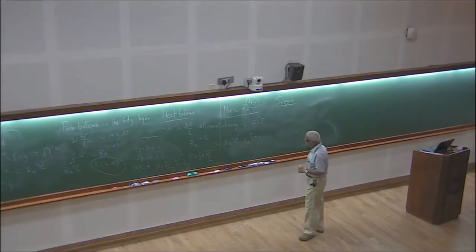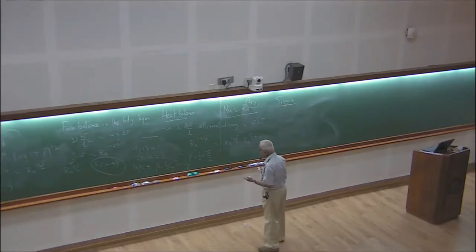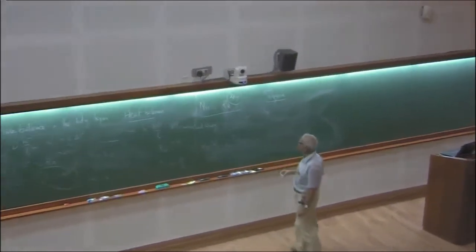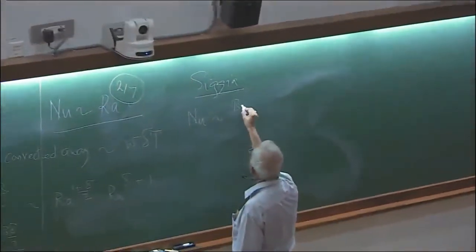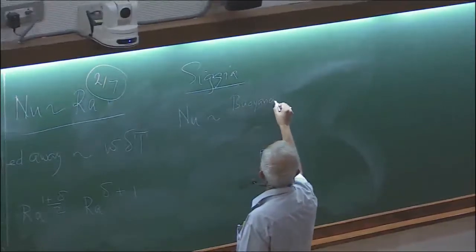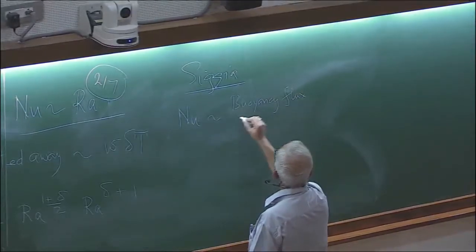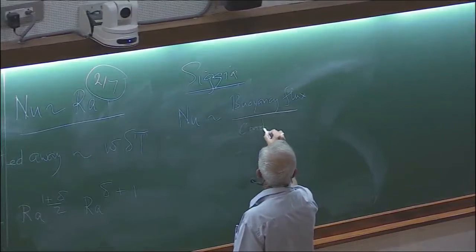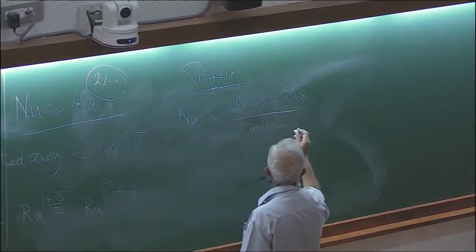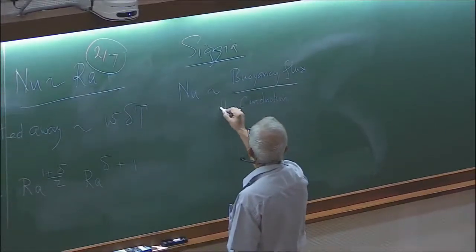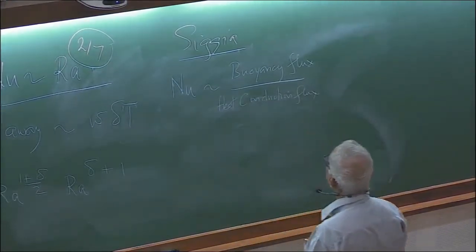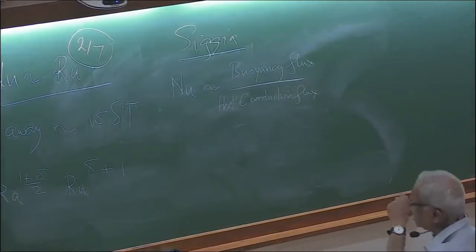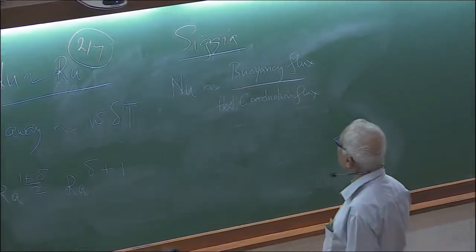So this said, start with the Nusselt number as being the buoyancy flux by the conduction, heat conduction flux. So write it in this manner over here.